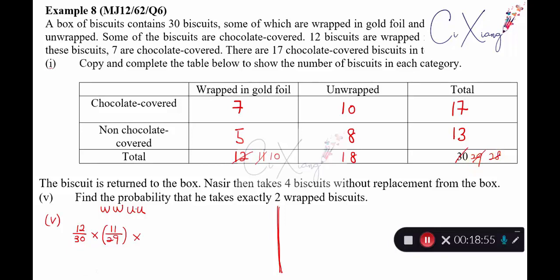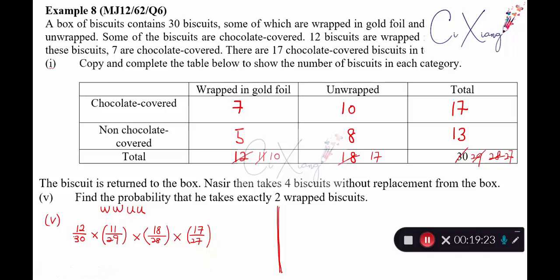Next, for the third biscuit, I want to get an unwrapped biscuit. So the unwrapped total is 18 divided by the grand total, which is 28. After you take out 1 unwrapped, it will become 17 over 27. The last one is also an unwrapped biscuit, and now you have 17 over 27.